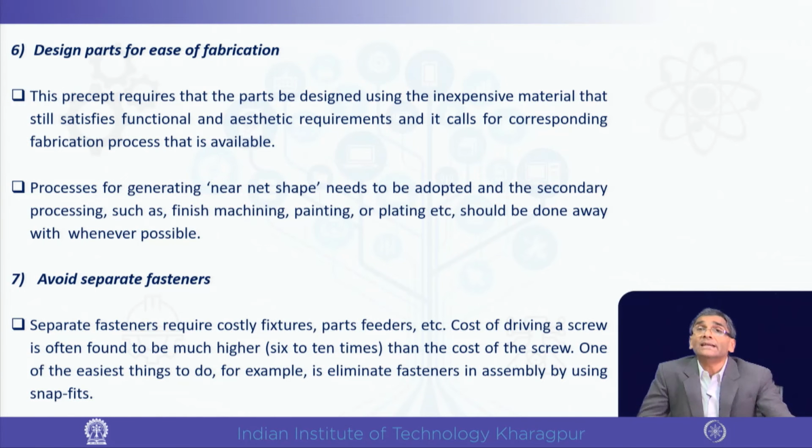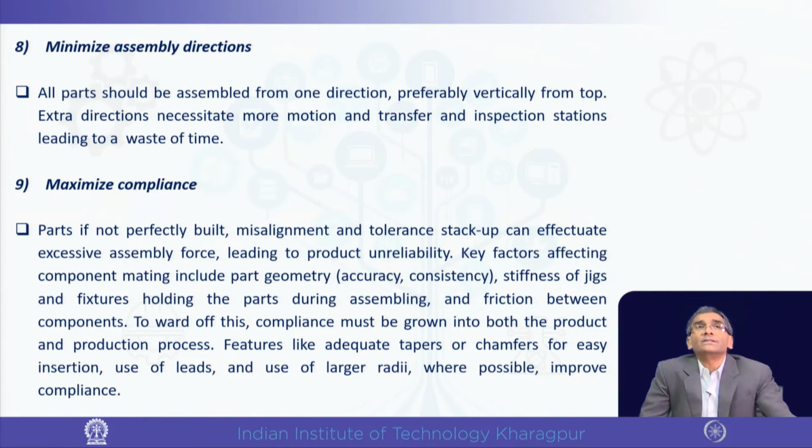So, instead, we can use snap fits or something like that. Like the mobile phone's back cover, it is not fitted with a screw like other electronic gadgets, it is a snap fit that you just press. So, components are removed that way, it is coming from the molding itself.